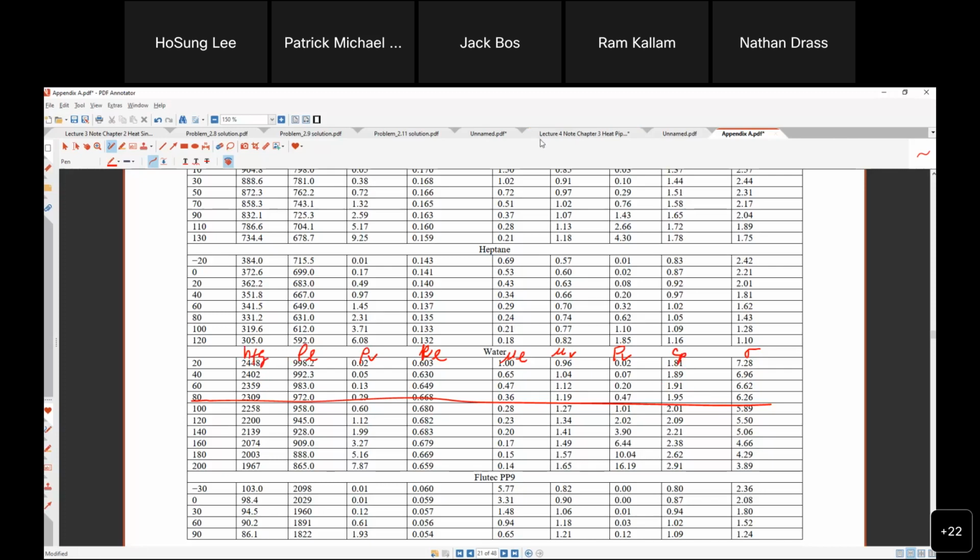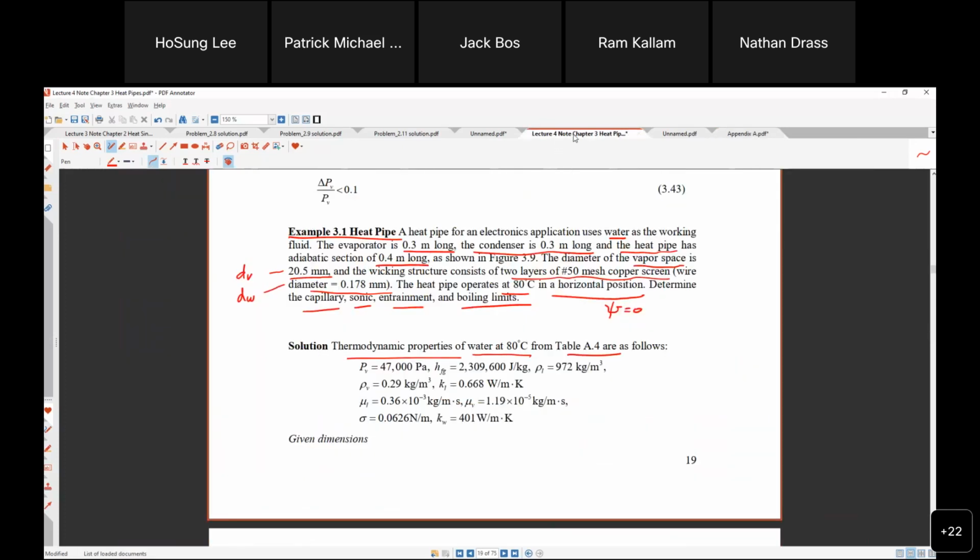Okay, you can find the book and convert some units. You have to find latent heat, liquid density, vapor density, liquid thermal conductivity, viscosity, vapor, and surface tension. Let's look at surface tension: 0.06 newton per meter.